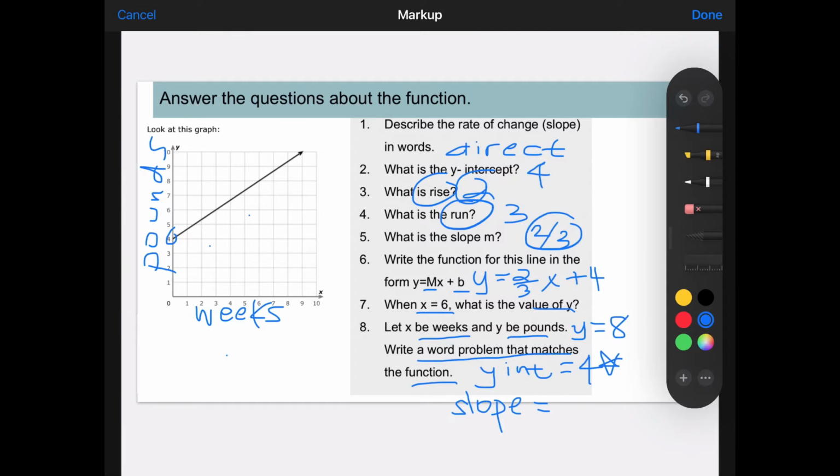Again, that's our slope. So now we just have to come up with a topic for our word problem. It would be something that starts off at 4 pounds and then every 2 weeks increases 3 pounds. The topic I chose is going to be a puppy.